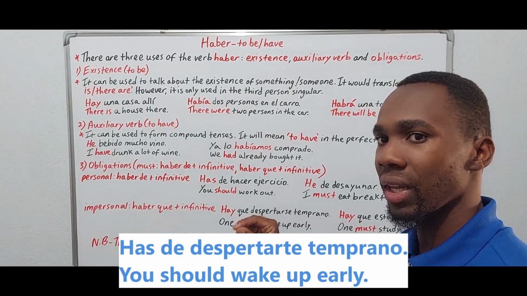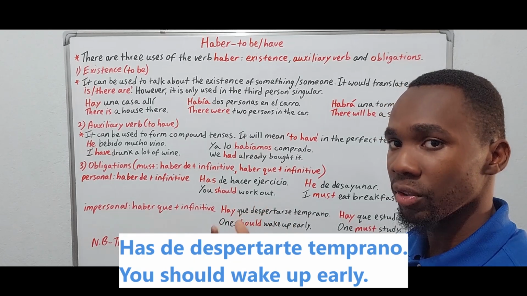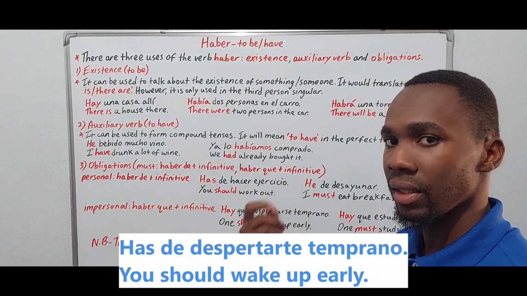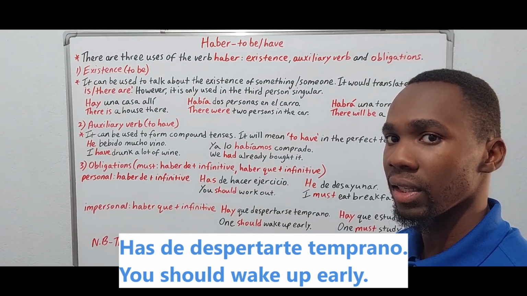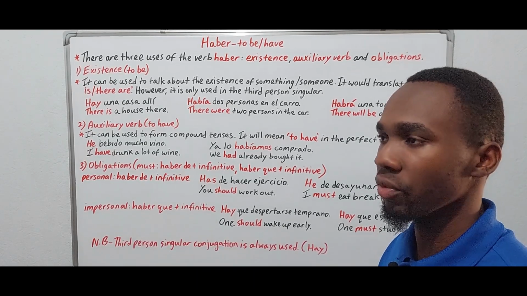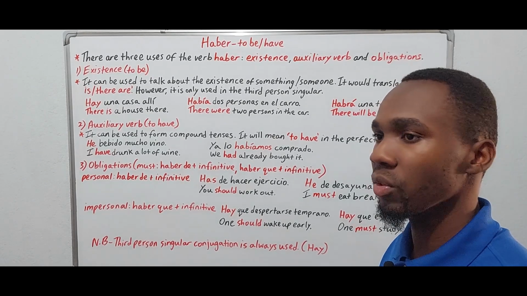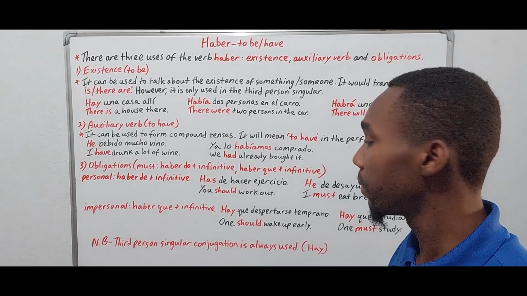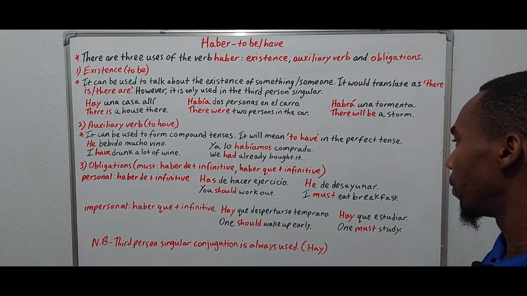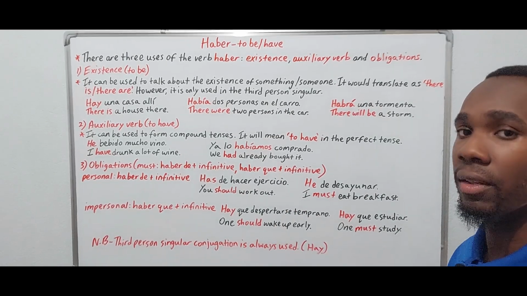You should wake up early. So you see the reflexive pronoun changes because we're referring to someone specific, right? Has de despertarte temprano. You must or you should wake up early. So yeah, just remember that. But with haber que, because it's impersonal, you always would use the third person, right? Okay? Hay que estudiar. One must study, or it is necessary to study.